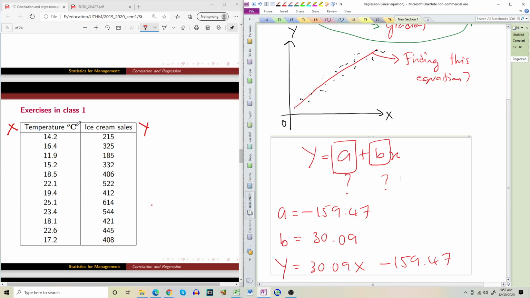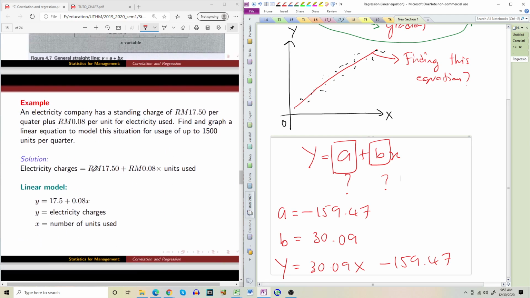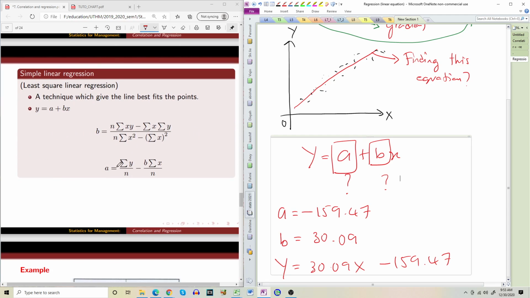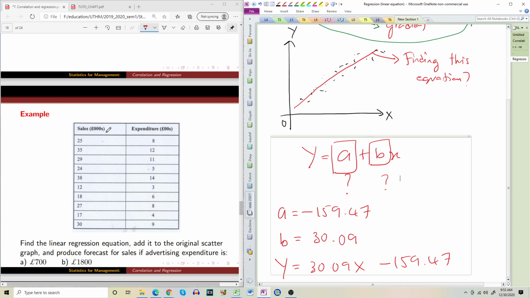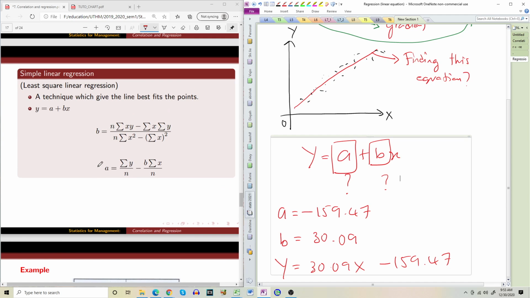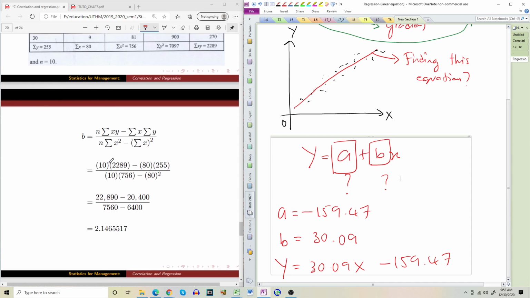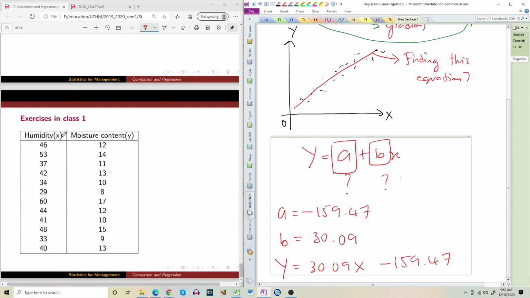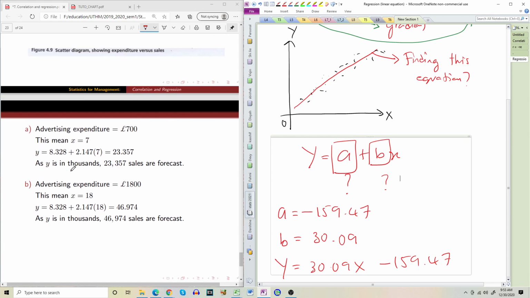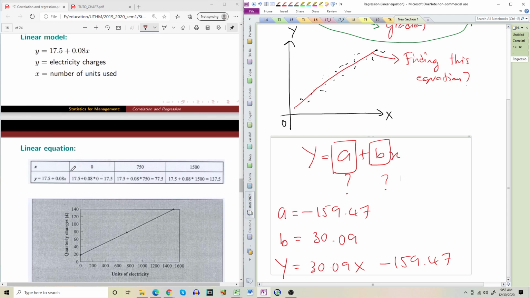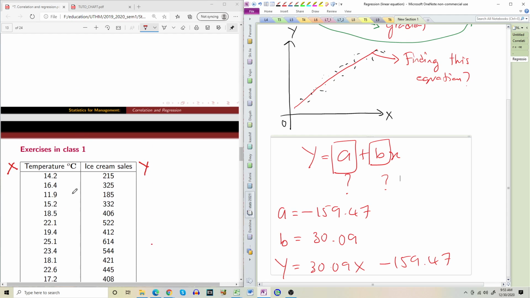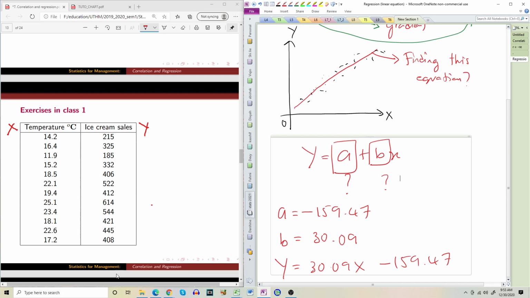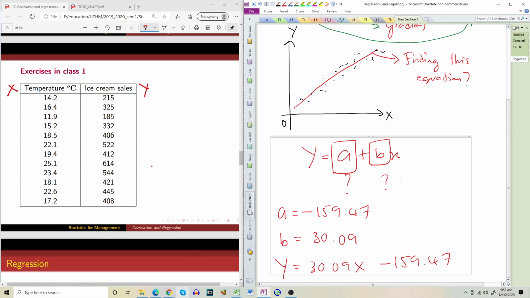Use this data to compute A and B. Don't use this example, I already gave it to you. This one also don't use, humidity and moisture content, that one later on. Use this one, the ice cream, the one you have done before. Just replace in the A and B.